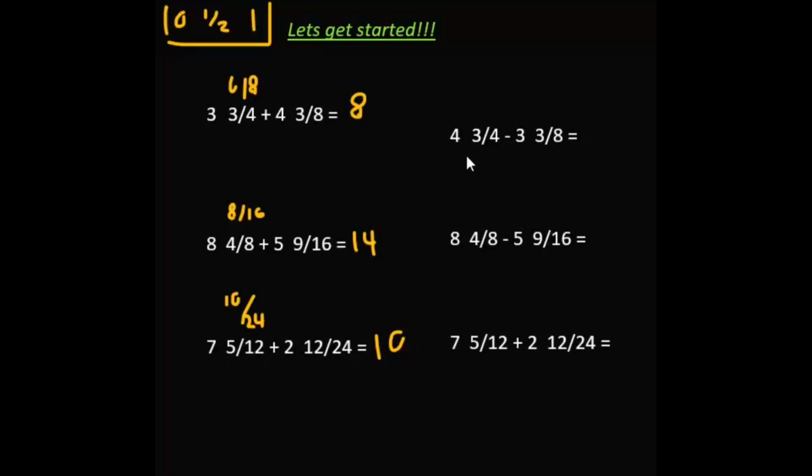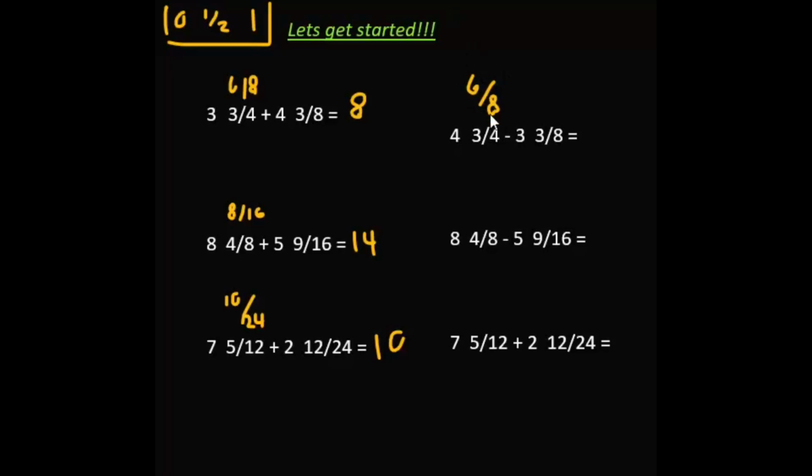So now let's move on to the next problem. 4 and 3/4 minus 3 and 3/8. So again, we have to round and find the common denominators. So 4 doubled is 8, and then we have to double the 3 to make it 6/8. So now we have the common denominator. Now we can round. So we know that 6/8 is rounded to 1/2.